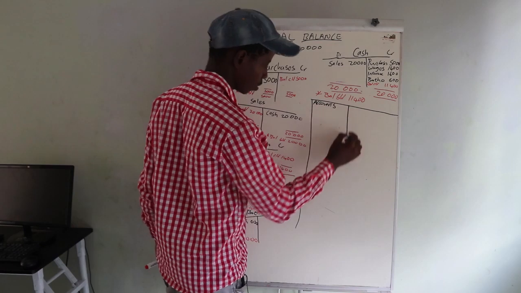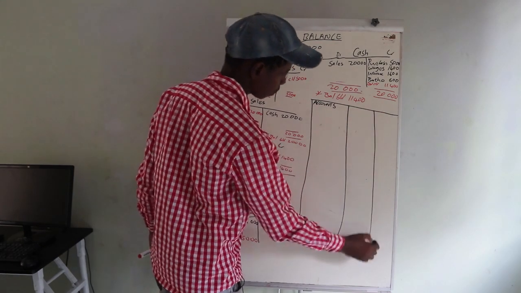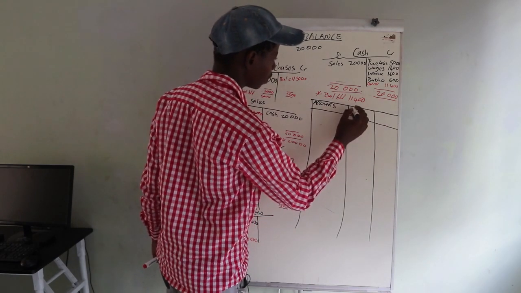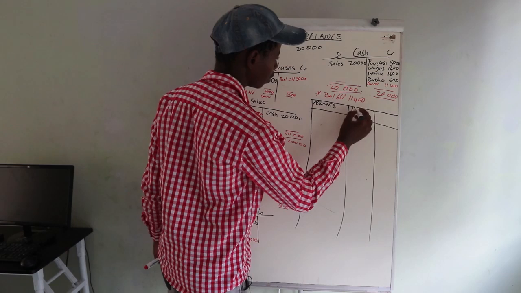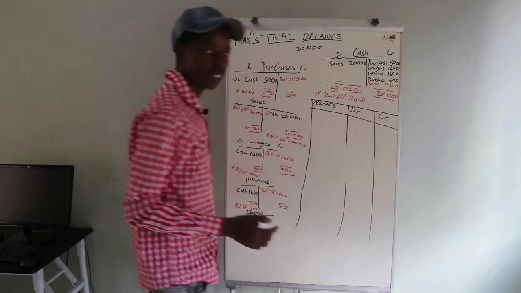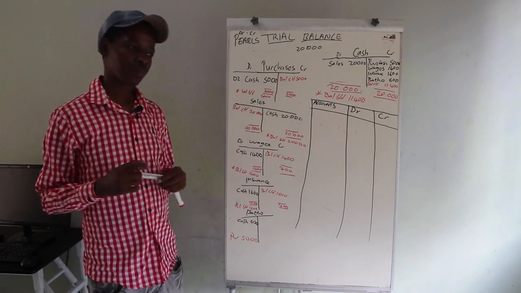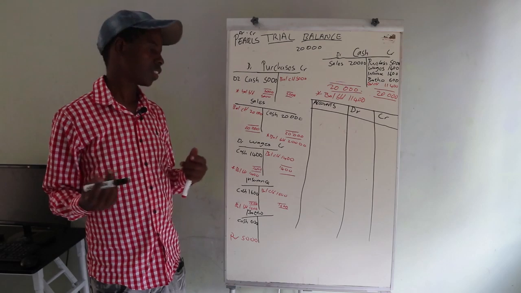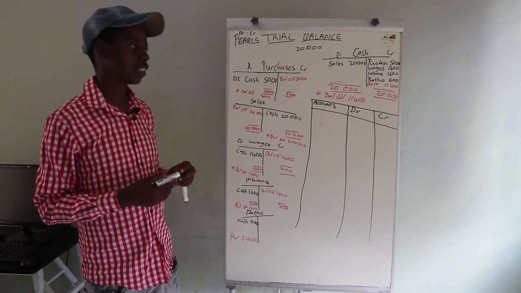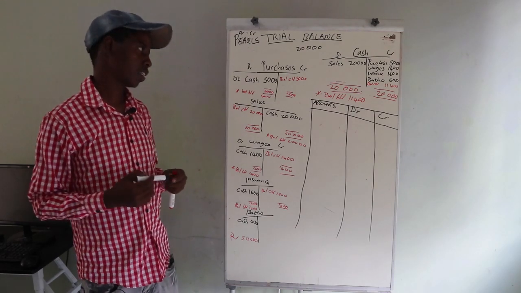And then we're going to separate it. So after we write accounts, we've got the debit and the credit, right? So we're going to look at the side where our balance brought down is. If it is on your right, we know that that's a credit. When it's on your left, it's a debit, right?